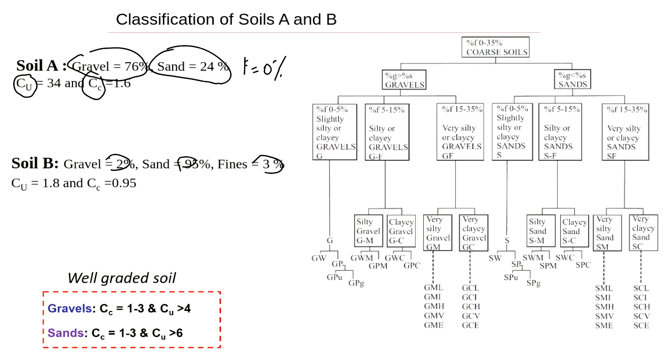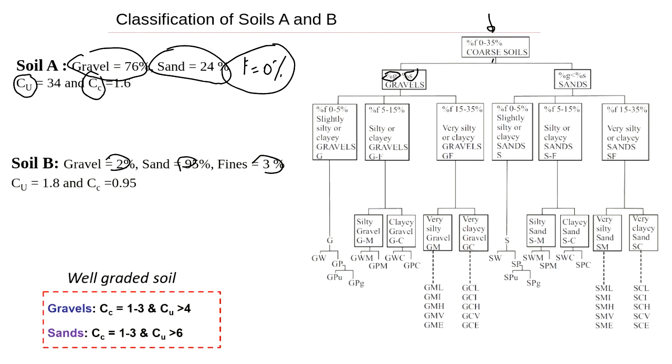The way it's going to work is we'll look at the fines, and we know it's 0%. So we make sure that's the right chart, because it ranges from 0 to 35. Then we go down, and we need to decide whether we're going to the left or to the right. G stands for gravel and S stands for sand, so we just see which one we have more of. We have more gravel.